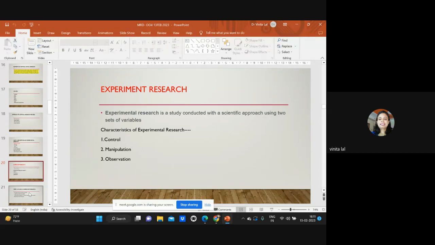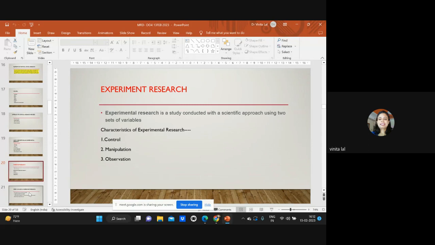Now, one more important characteristic is observation of the object of study. The researcher must observe the behavior of the object of the study in each scenario built for it, from which he or she will be able to obtain more or less conclusive data.